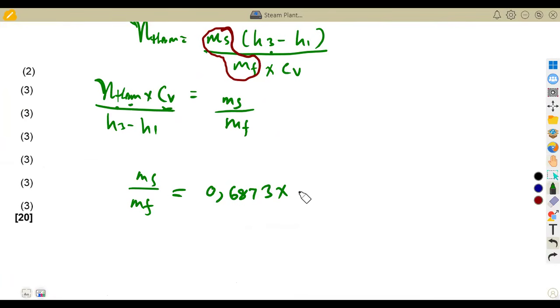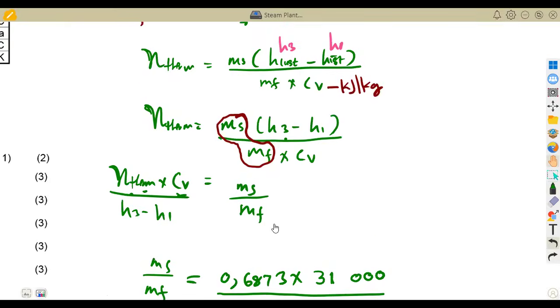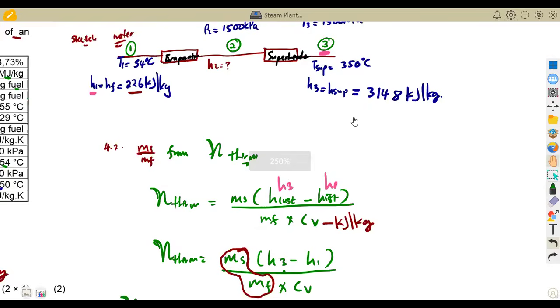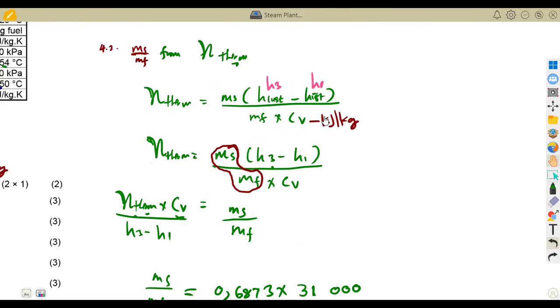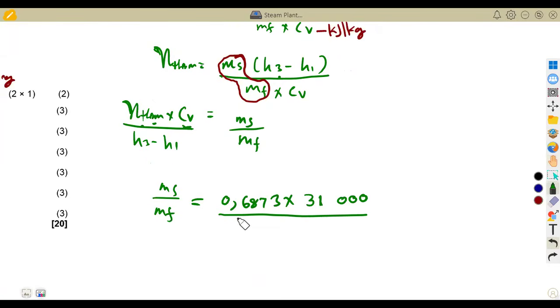Remember, I changed that value to kilojoules and it gave us 31,000. Guys, take from your table H3, which we stated from our information. H3 is H superheated, which is this, and H1, which is 226. We're just subtracting your values there.